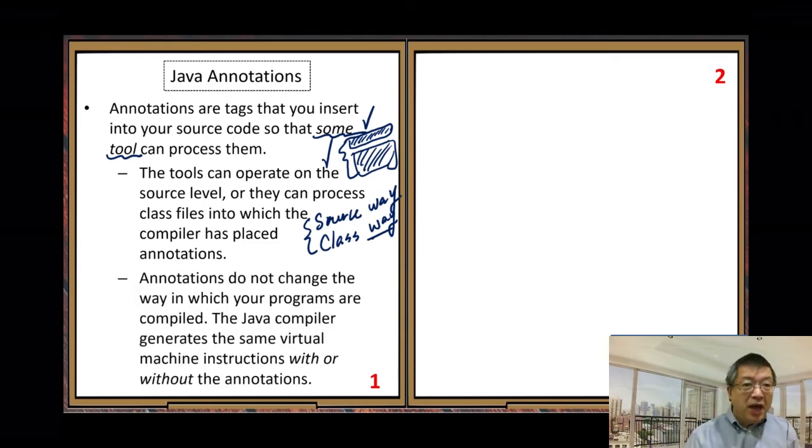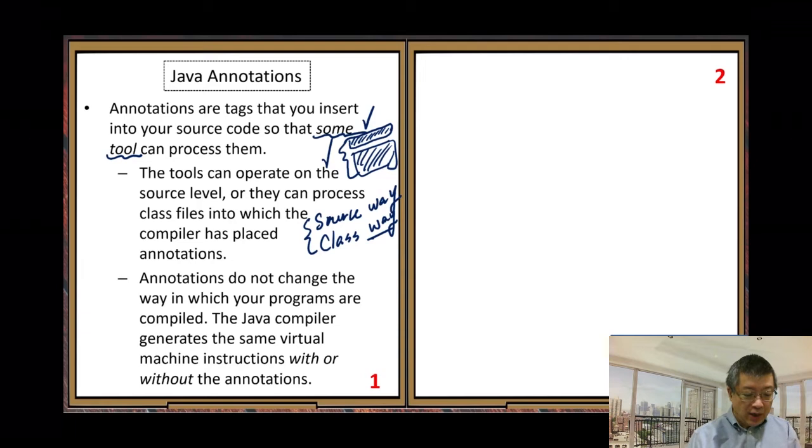All right. Annotations do not change the way in which your programs are compiled. The binary bytecode, the Java instructions, do not get changed. They are the same as before, with annotation or without annotation. But the annotation information is placed somewhere that can be extracted by a special annotation processing tool.